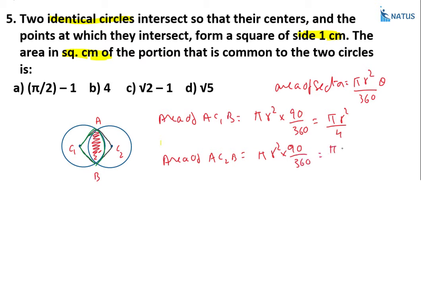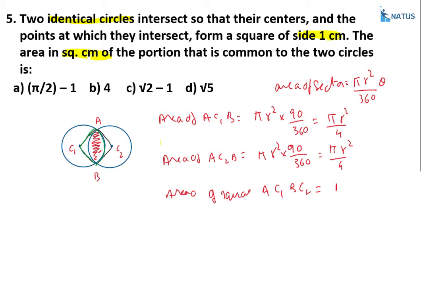So this is equal to pi r square by 4, right? Area of square AC1BC2 is 1 into 1, that is equal to 1 square centimeter.